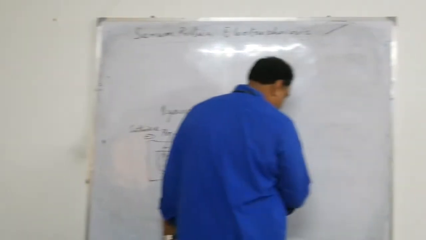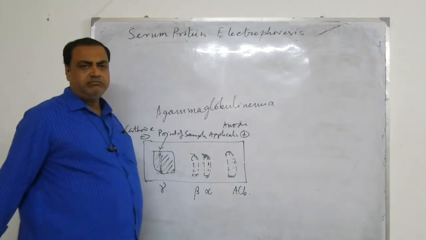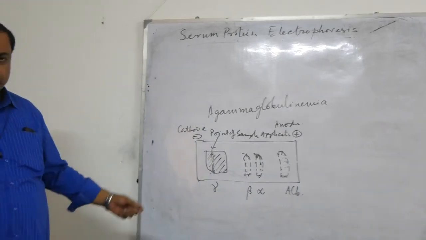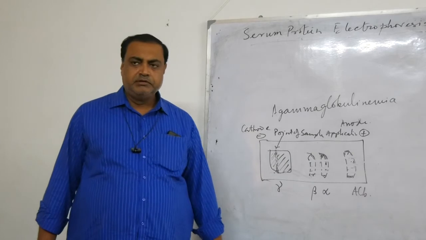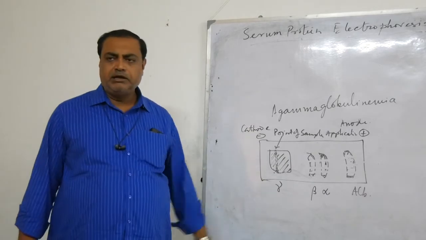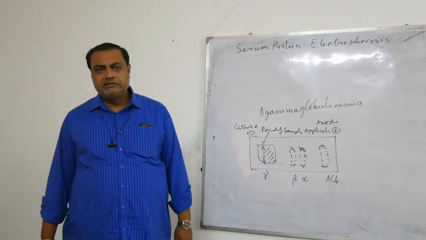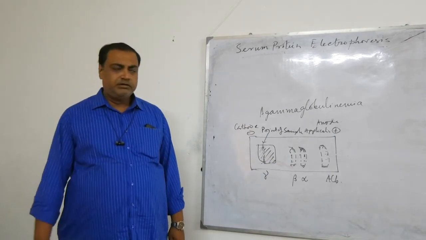Then I will tell you, because diagonally it is very difficult to show. What do you feel by seeing this? The gamma globulin is normal, but alpha, beta, and albumin are reduced.